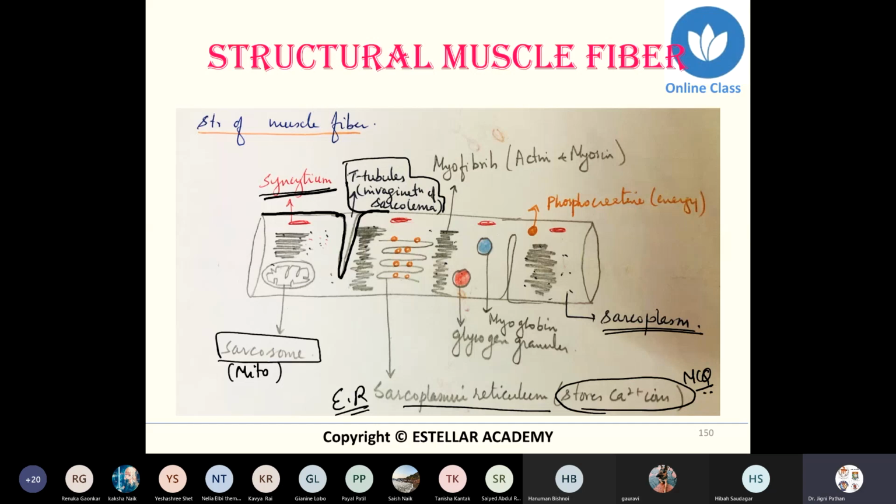Then they have glycogen granules and phosphocreatine that provide energy, and they also have myoglobin. What is the function of myoglobin? Quickly tell me.